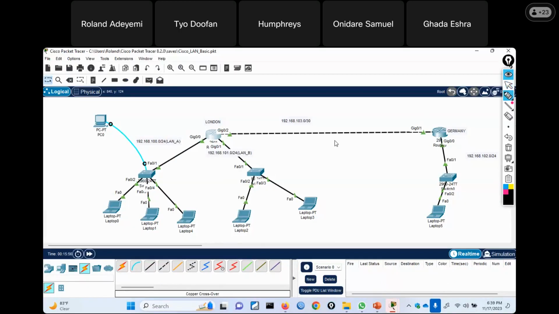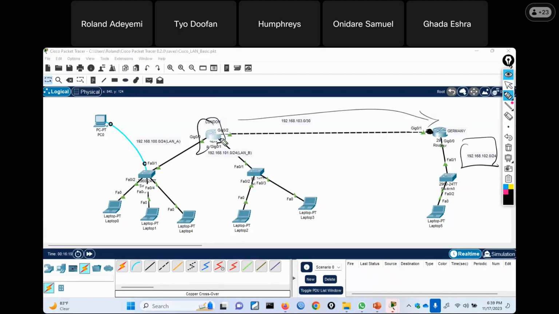This is the IP address that we put on this interface. So we are telling the London router, if you have any message for this guy here, if somebody is trying to go in that direction with this subnet mask, just send it to the Germany router. The Germany router knows how to get there. That is what we are telling this router now. The IP address we put on this interface is 192.168.103.1.